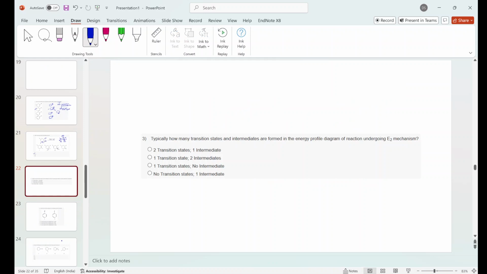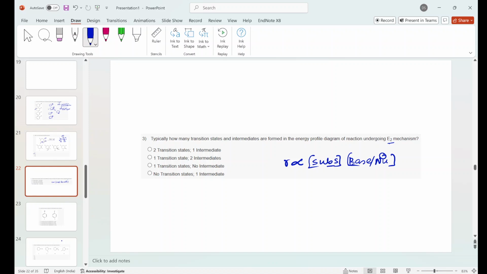So the next question says, typically how many transition states and intermediates are formed in the energy profile diagram of a reaction undergoing E2? E2 means you have a rate that is substrate plus the base or nucleophile.